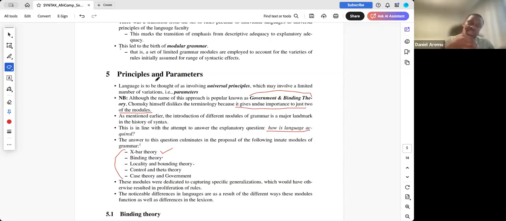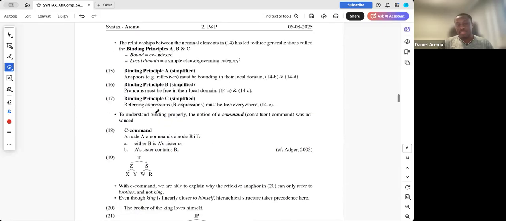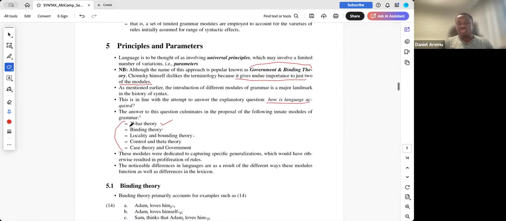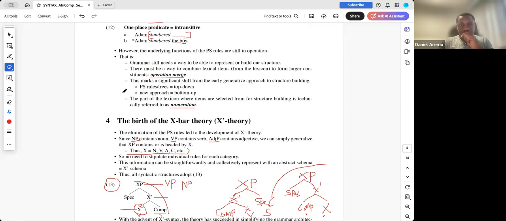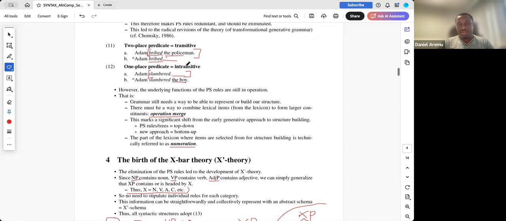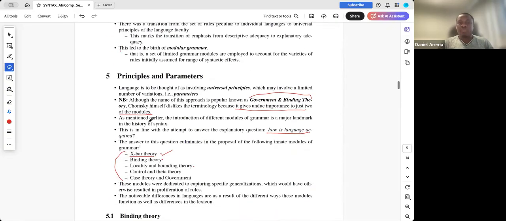Now the principles and parameters have different principles, and X-bar theory is one of them. I only gave X-bar theory earlier because of what I've explained about the operation merge under this section. So it's like a continuum, but X-bar theory is a module within the principles and parameters approach or theory.